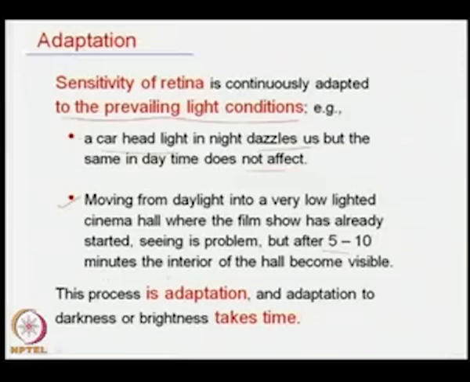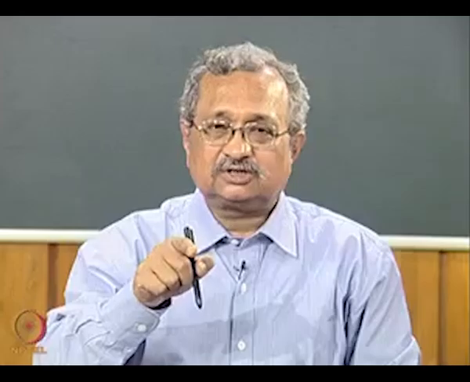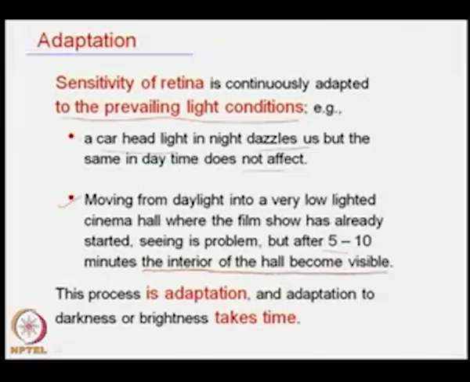But after 5-10 minutes, though the light condition remains the same, the interior of the hall becomes visible. So, this is the adaptation.